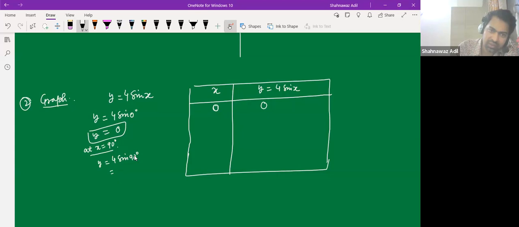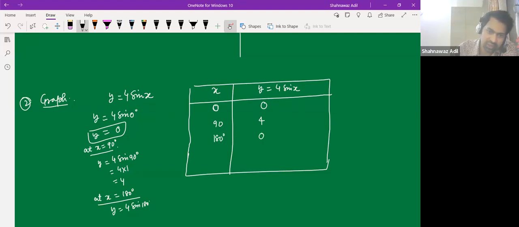Sine of 90 is 1, so this is 4 into 1, so at 90 it would be 4. And then at x equals 180, sine of 180 is how much? This we have done before, 0.